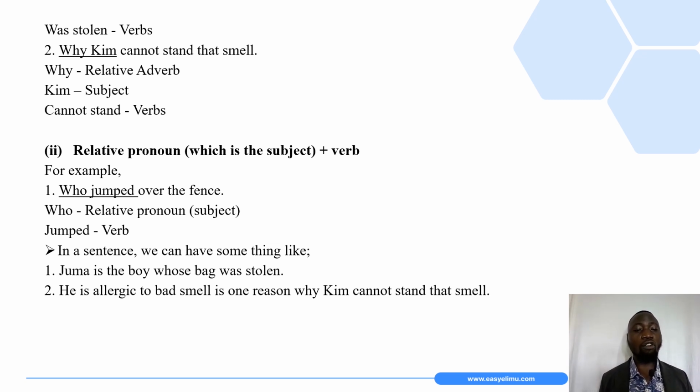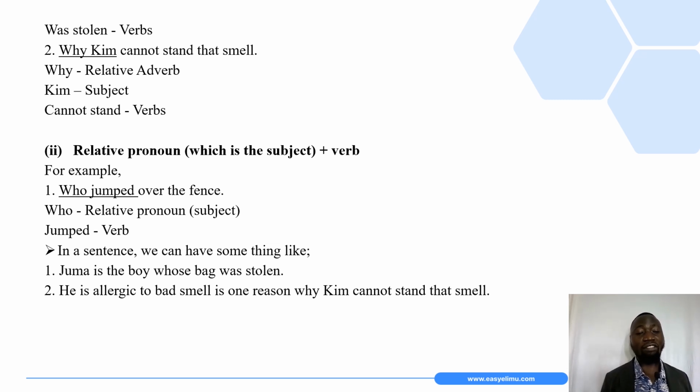So, who jumped over the fence? Who is a relative pronoun that is also functioning as the subject of the verb. Then there is the verb jumped. In a sentence, dear students, we can have something like Juma is the boy whose bag was stolen.